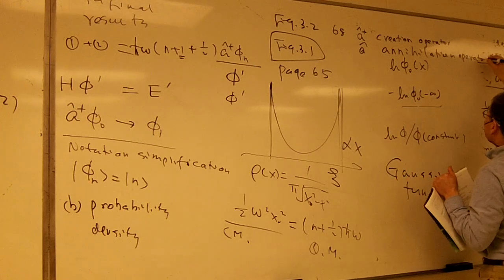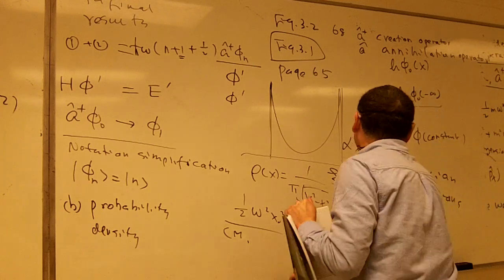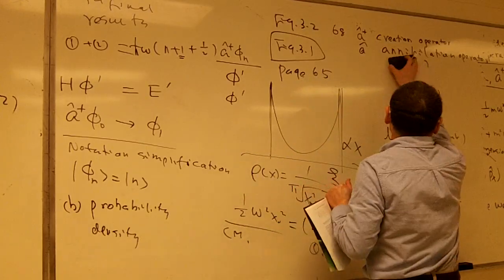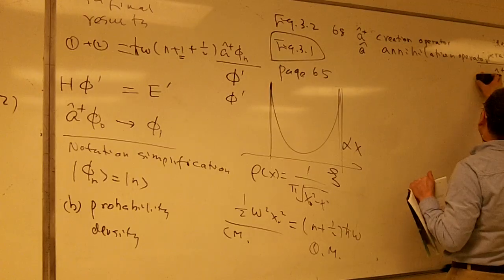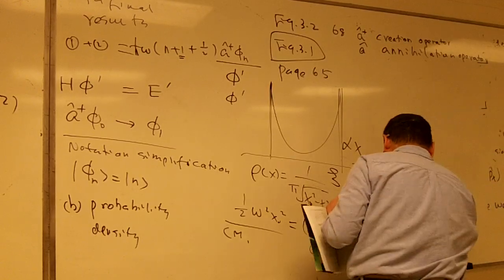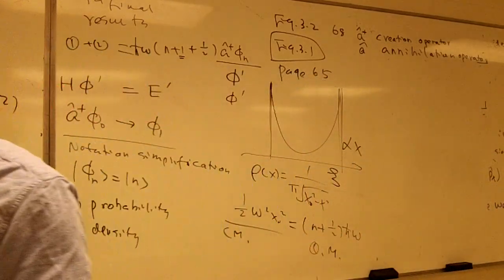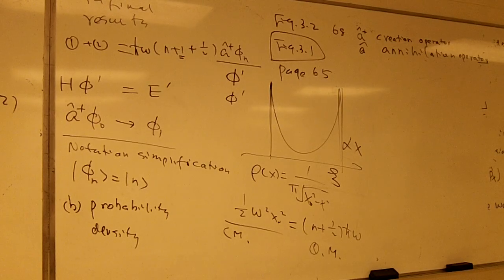You annihilate some of the particles. So these two have different names. We annihilate some of the particles, so that is why we call it the annihilation operator. So this is the one which we want to show you.